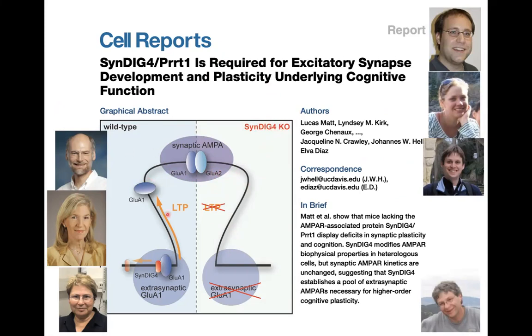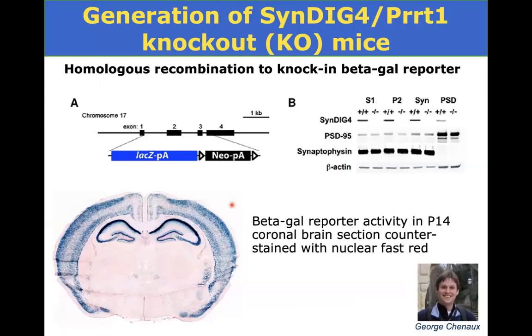Doing this, we found that the synapses of the SynDIG4 knockout animal were inhibited in their ability to undergo LTP. And this led to very impressive cognitive deficits that I'll show you in just a moment.